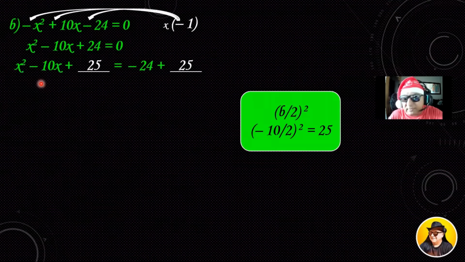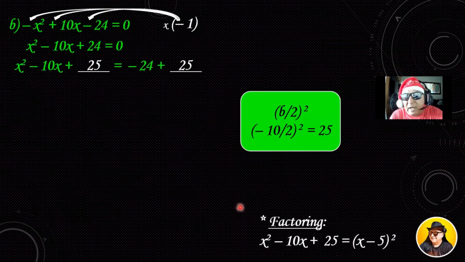Factoring, the square root of x squared is x, the square root of 25 is 5, and the sign is minus. So we have x minus 5 squared, and replacing the trinomial by the factored form, x minus 5 squared is 1.